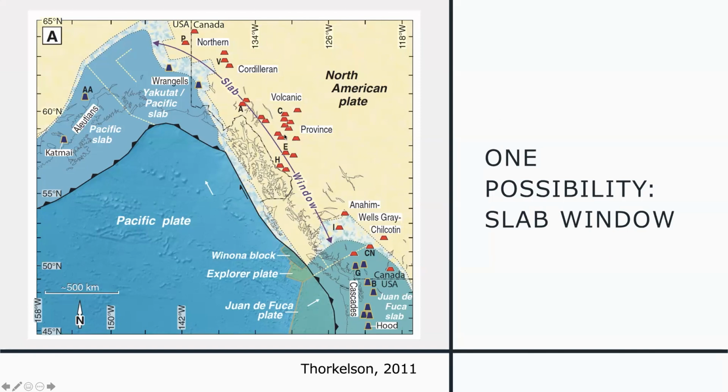Volcanics have increased to the north and the south, starting right here, about 35 million years ago, consistent with the subduction of the mid-ocean ridge. And so what we think might be happening is that we've had asthenospheric upwelling in this area here, whereas this area, the Yakutat Pacific slab and the Juan de Fuca slab have been sort of protected by subduction.